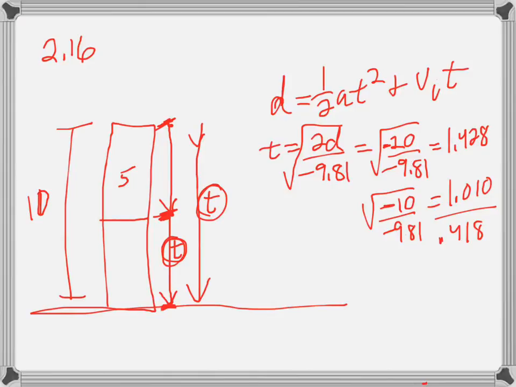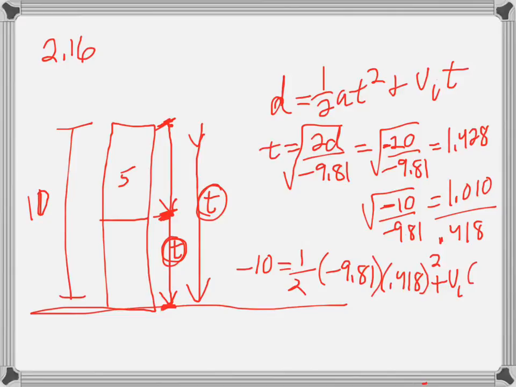And so the total distance that we fell is negative 10, and that would equal 1/2 a, so that'd be negative 9.81 times t squared, 0.418 squared, plus v_i, which we don't know, times the time, 0.418. And we'll try to solve that problem.